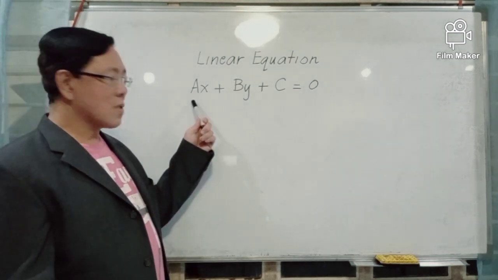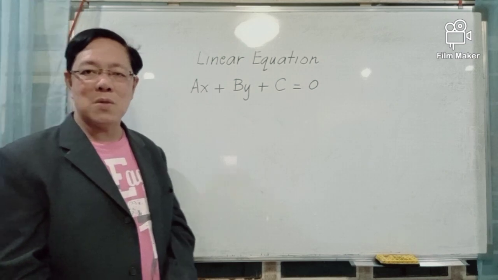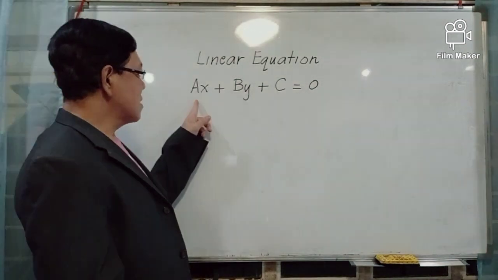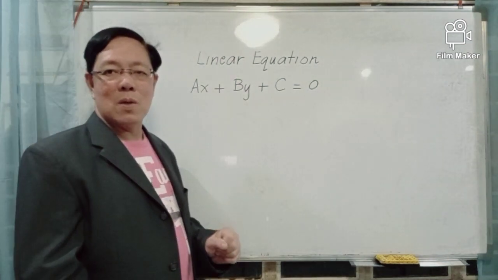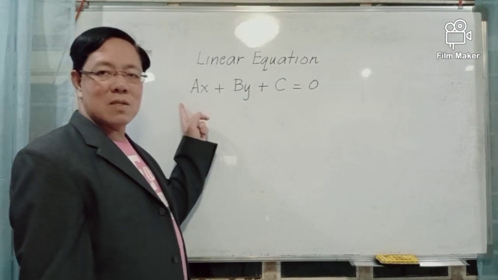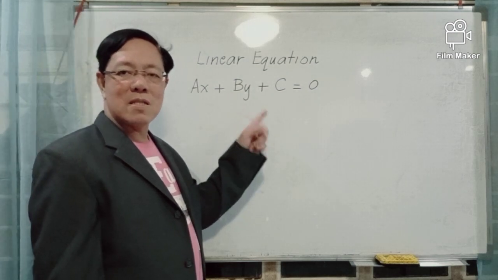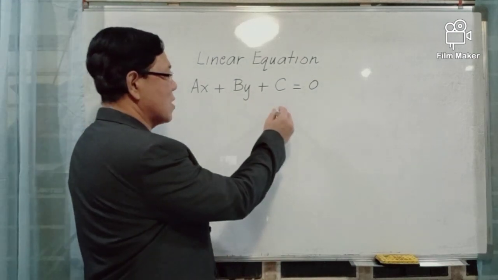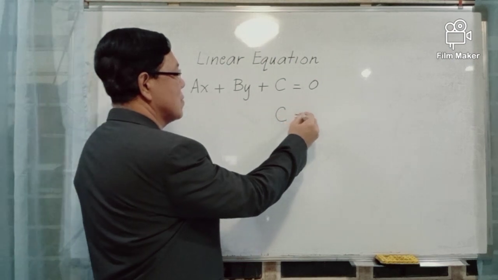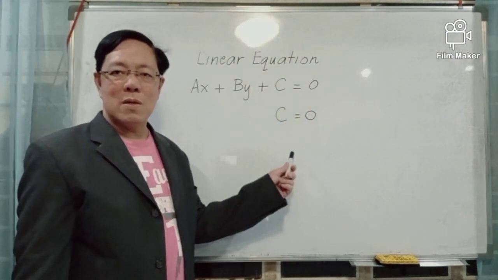Because if both coefficients of x and y, a and b, are equal to 0, the first and the second terms will go. If a is 0, 0 multiplied by x is 0. If b is 0, 0 multiplied by y is 0. And this equation would simplify to c equals 0.